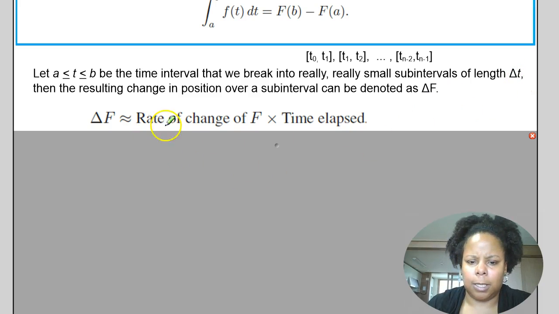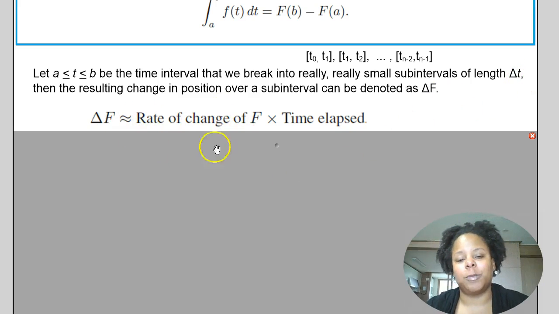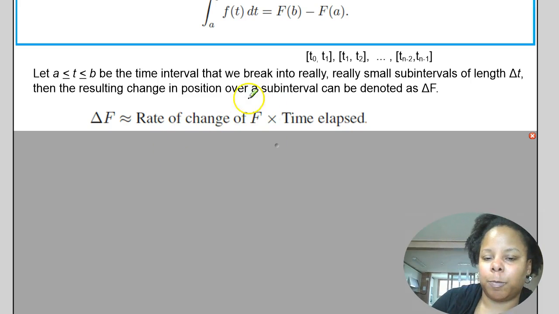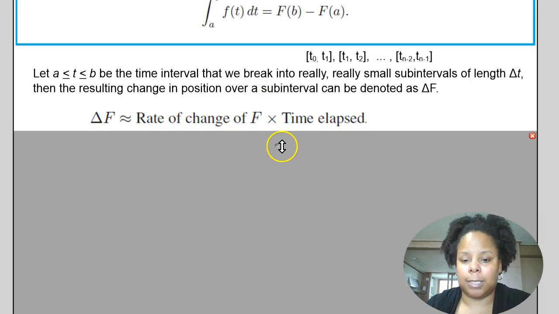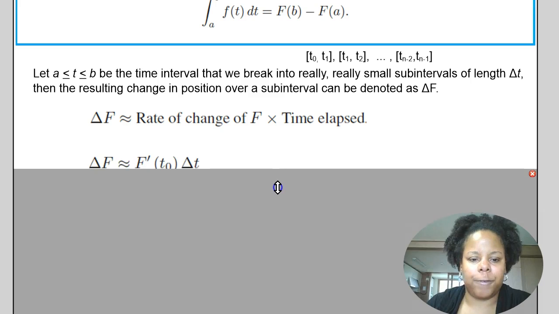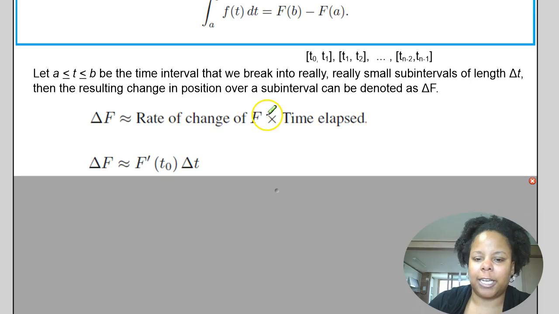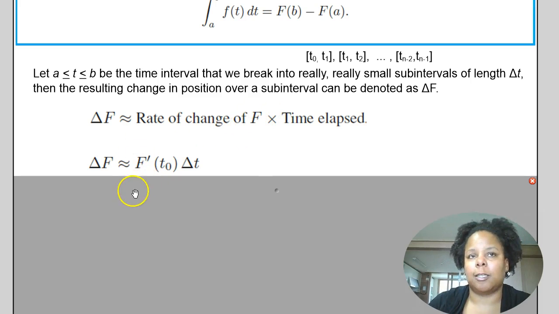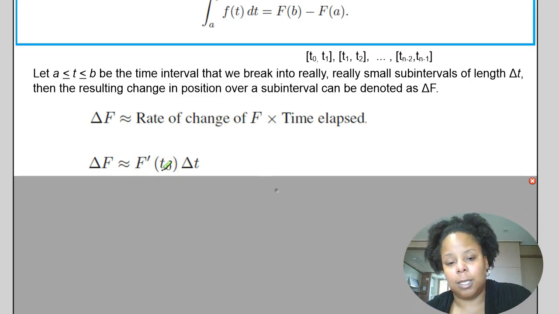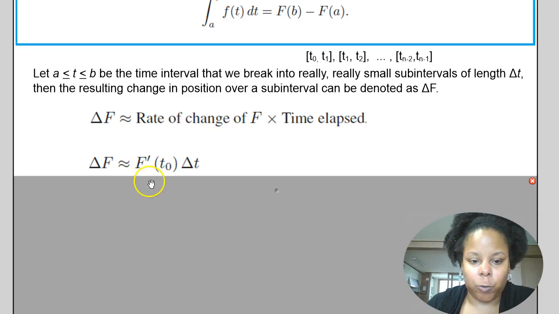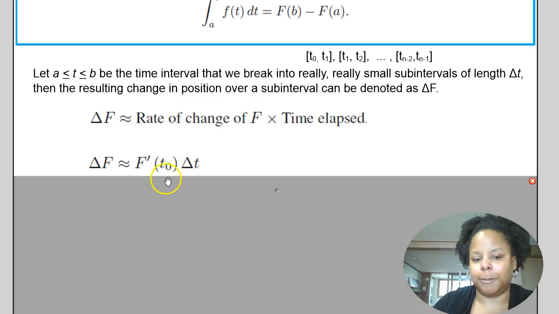So delta f is approximately equal to the rate of change of the position function times the time elapsed. Well, for very, very small delta t, the rate of change of f looks very much like the slope of the tangent line of the function at f. In other words, it looks very much like the first derivative of big F at that point.